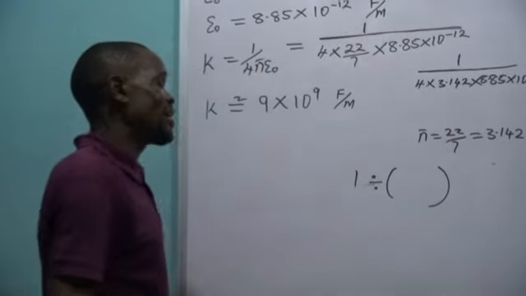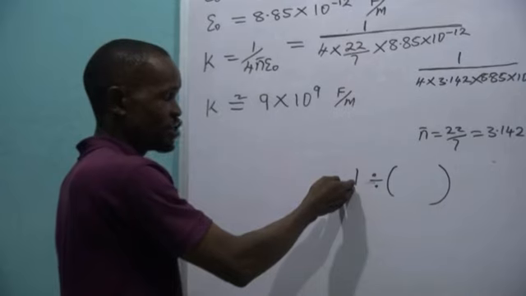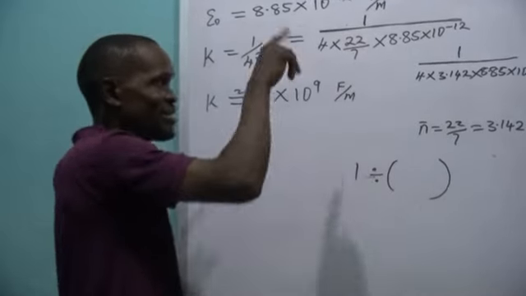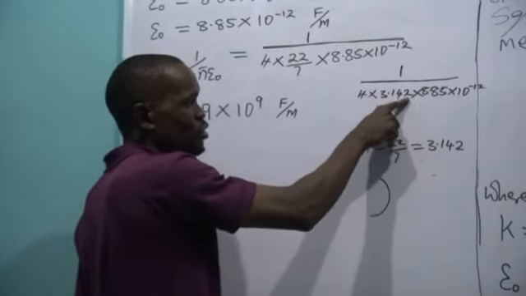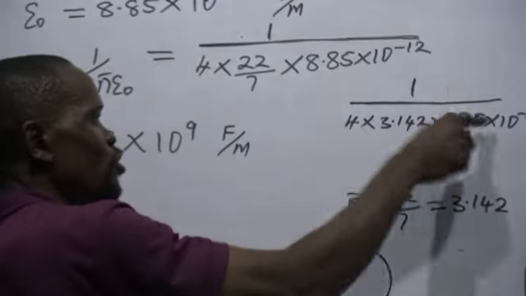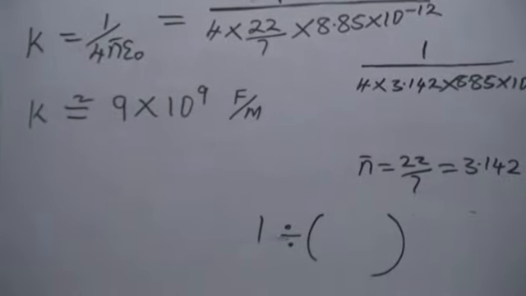You just press 1, press division, open the bracket, press times 3.142, press times 8.85, shift log, then close the bracket. You must close the bracket before you get the answer.